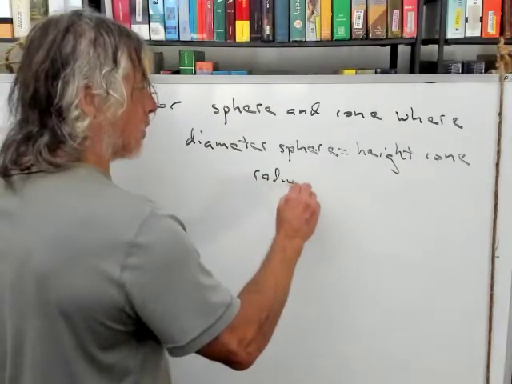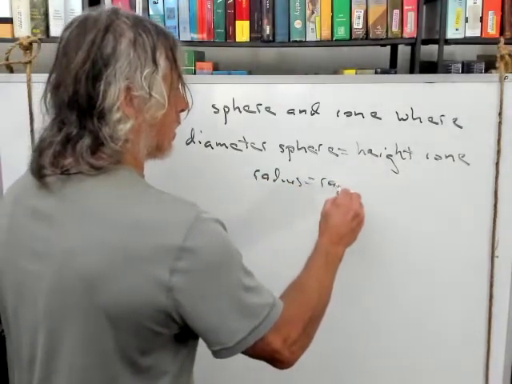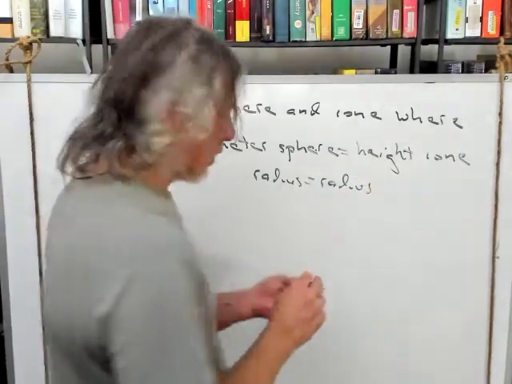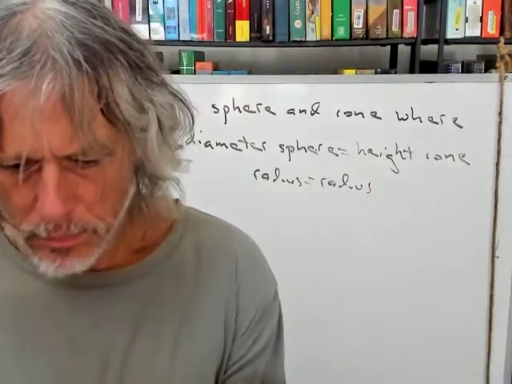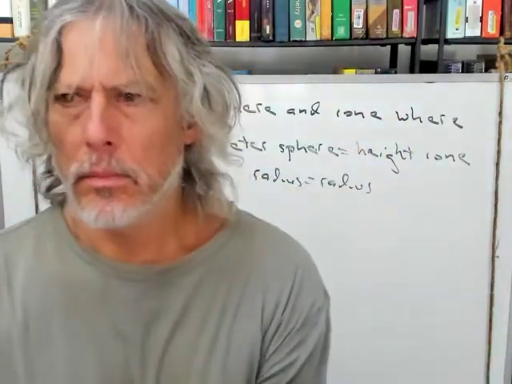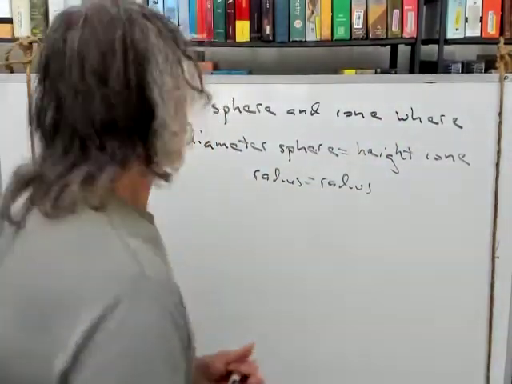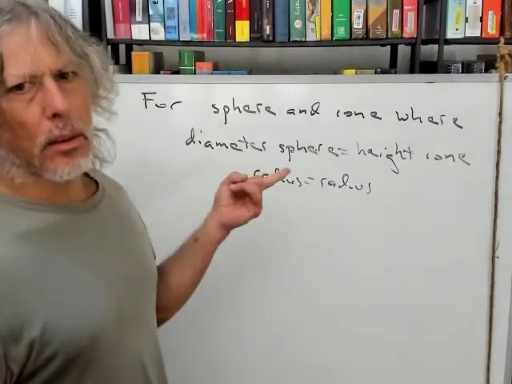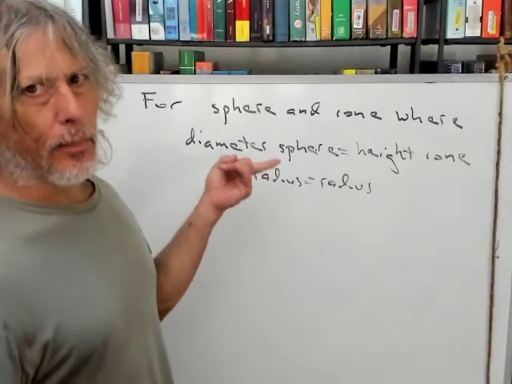Radius of sphere is radius of cone. A circle is the same radius. So for this only, otherwise they're not comparable and nobody cares.